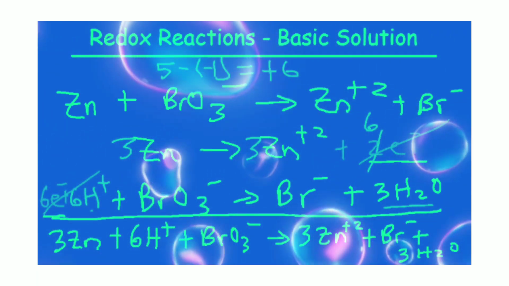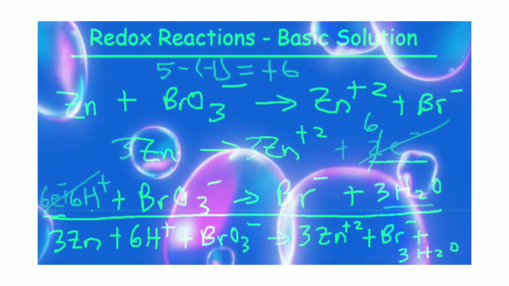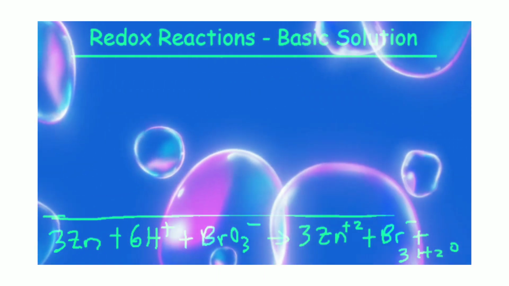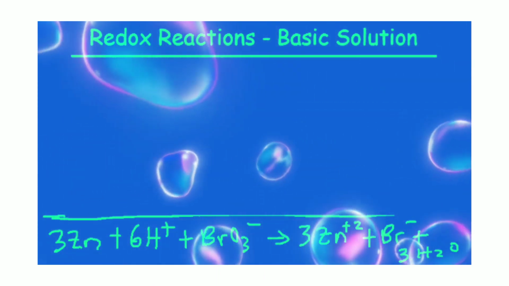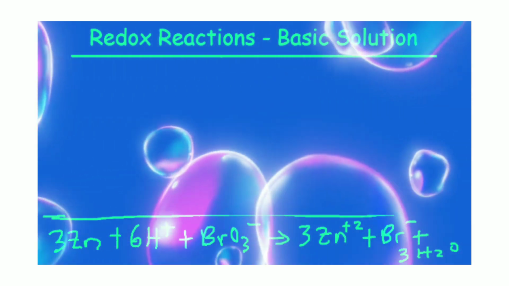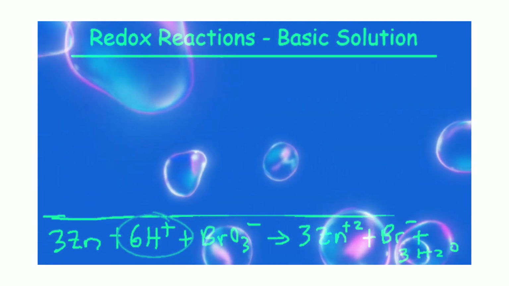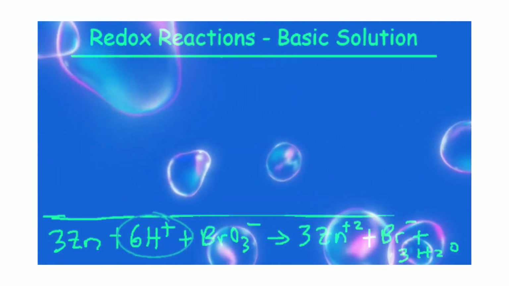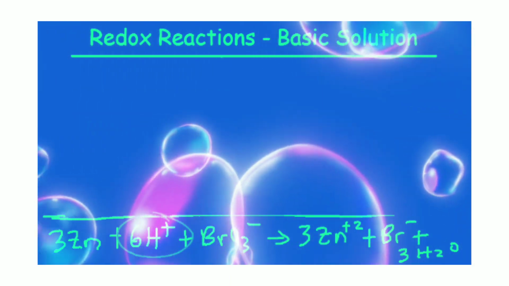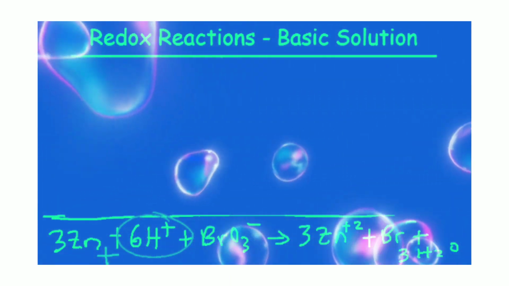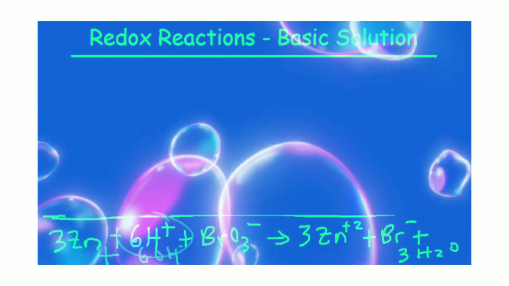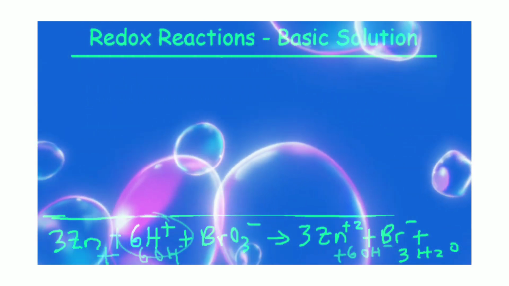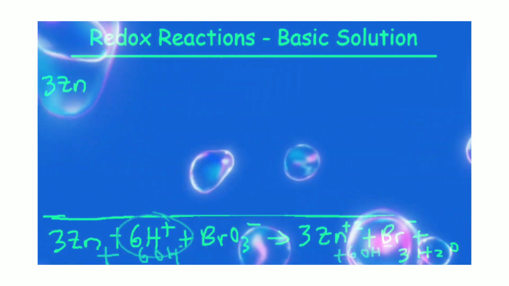Now to get the answer under basic conditions, we're going to add 6 hydroxide ions to both sides. The reason why we're going to add 6 is because we have 6 H plus ions. H plus OH minus will give you H2O. So let's add 6 hydroxides to the left side, and let's add 6 hydroxides to the right side. So on the left, we're going to have 3 zinc atoms.